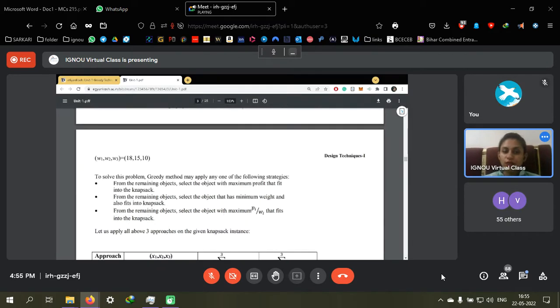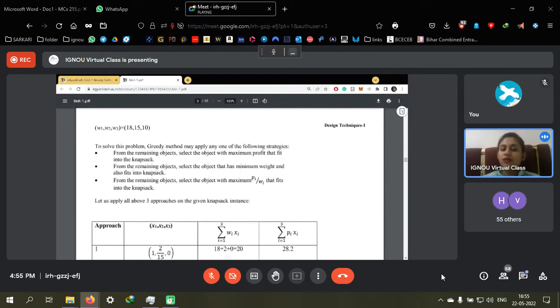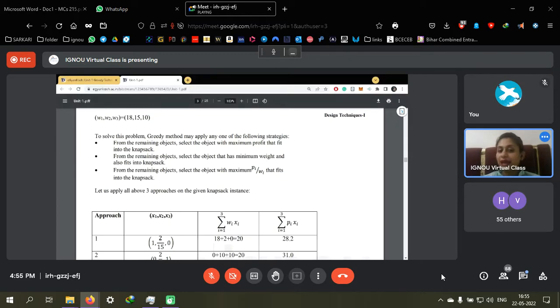To solve this problem, we need a greedy method, and we may apply any one of the following strategies. The first strategy is maximum profit. You need to steal those things that will give you the maximum profit. Next, minimum weight.